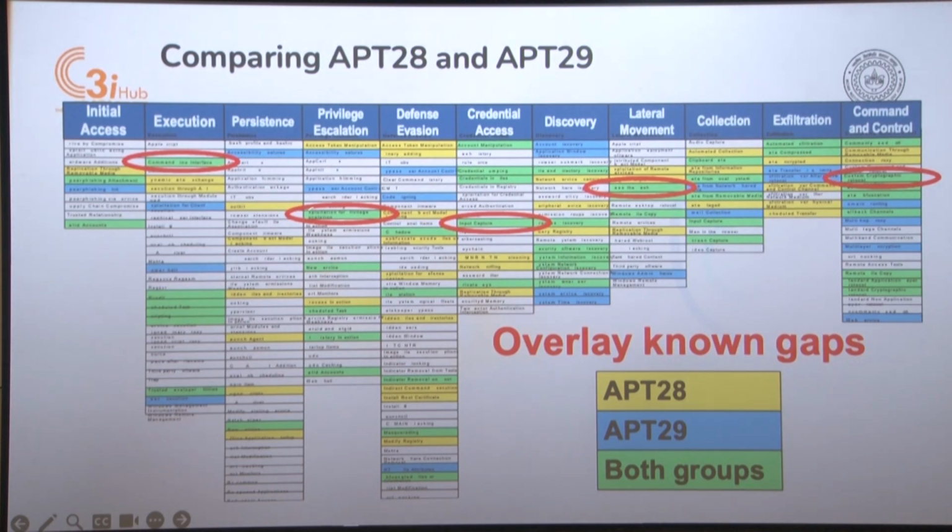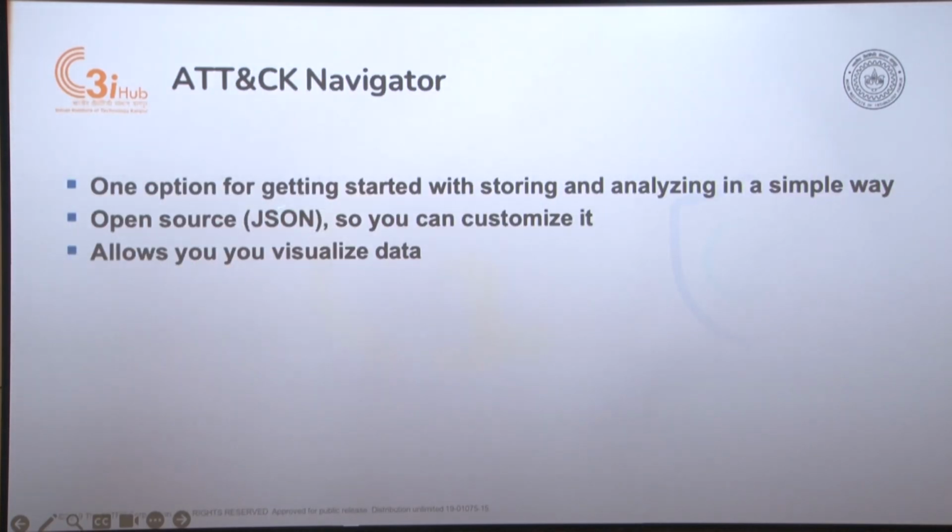So they may focus on these 5 techniques, on how they can implement a defensive mechanism specific to these techniques. Okay. So this ATT&CK Navigator facilitates storing and analyzing these extracted TTPs or threat intel using this navigator tool, which is open source.